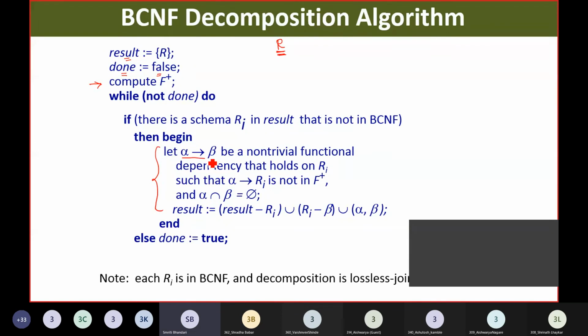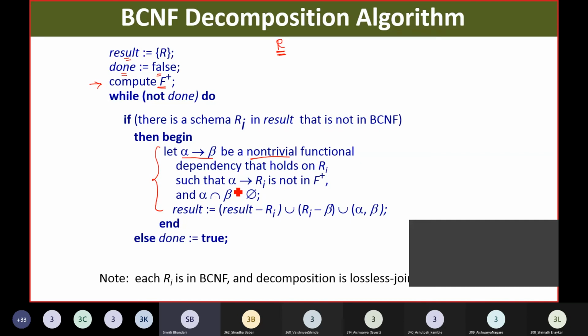We need to pick a functional dependency alpha to beta from this F plus, such that this dependency is non-trivial, right?